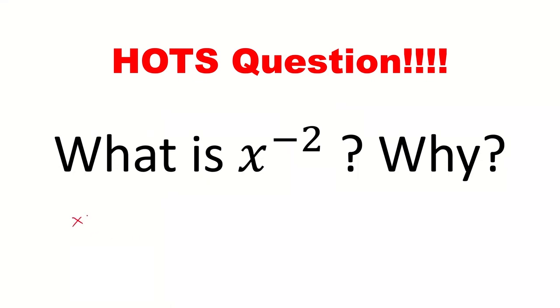X to the power of negative 2 is just 1 over x squared. Okay? So, siguro nagtataka kayo kung bakit naging 1 over x to the power of 2 siya. So, ito yung reason kung bakit.